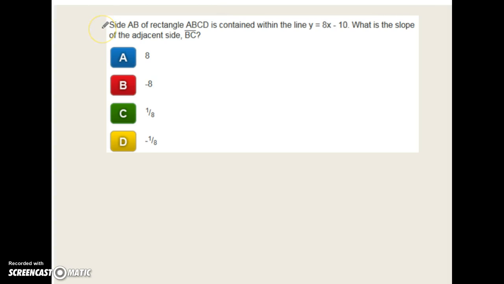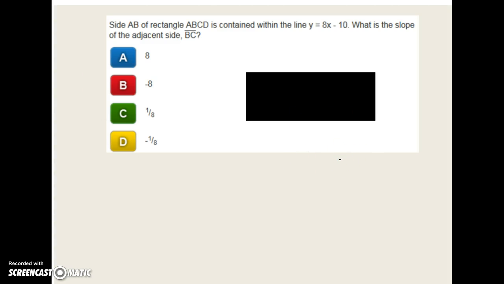Another example: side AB of a rectangle is contained within the line y equals 8x minus 10. What is the slope of the adjacent side, BC? So if we think of our rectangle, A, B, C, D, here's AB, here's our equation y equals 8x minus 10.